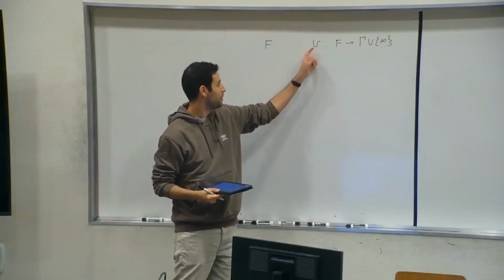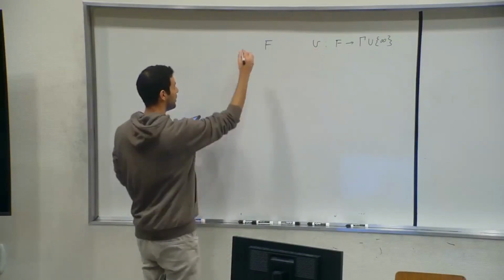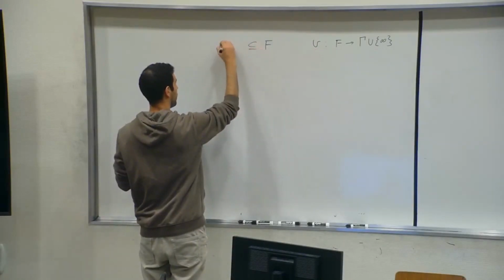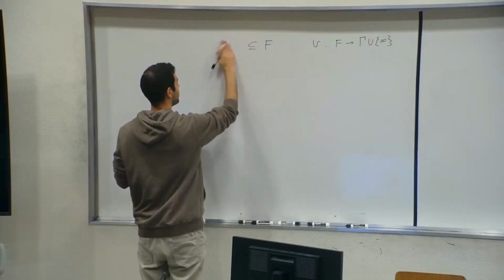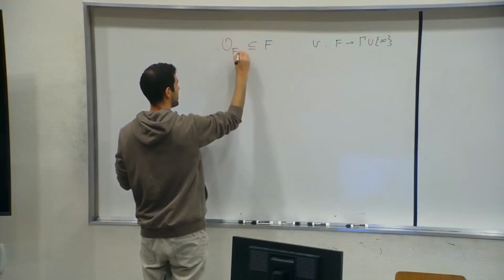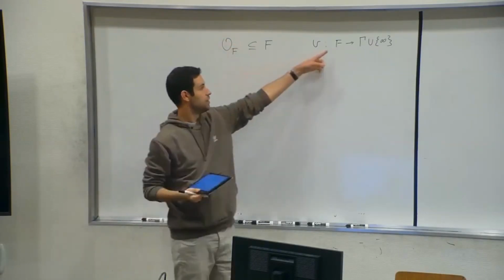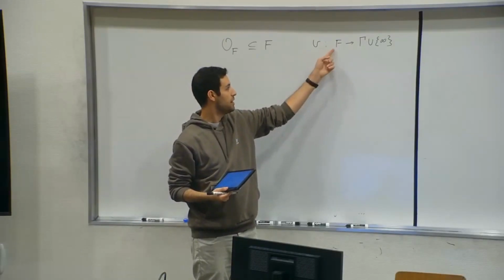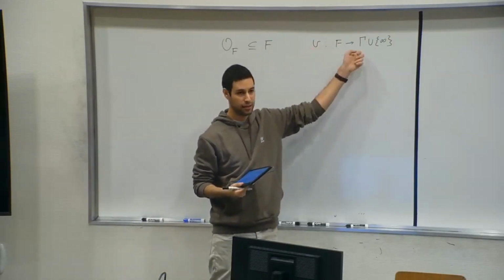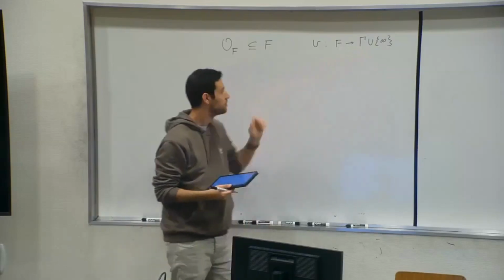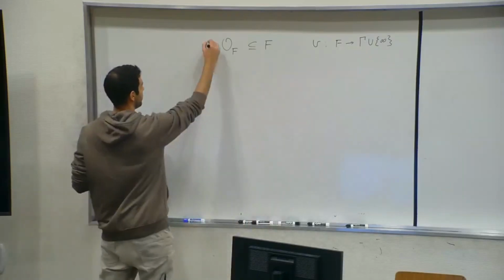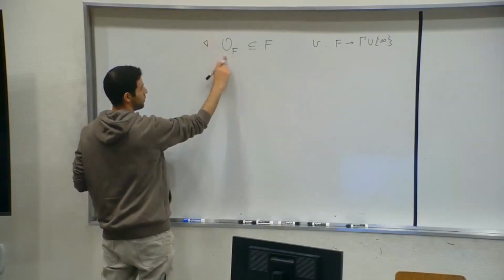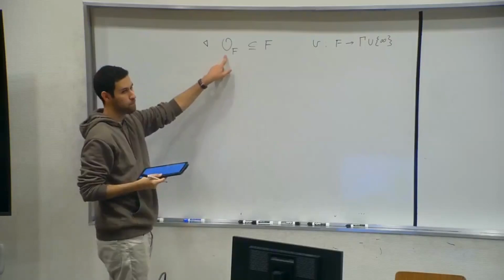By now we already know that we can associate the valuation ring of F, the subring of F of all elements A in F such that V of A is non-negative. We call it O of V.